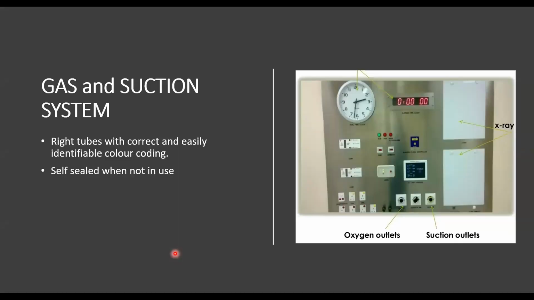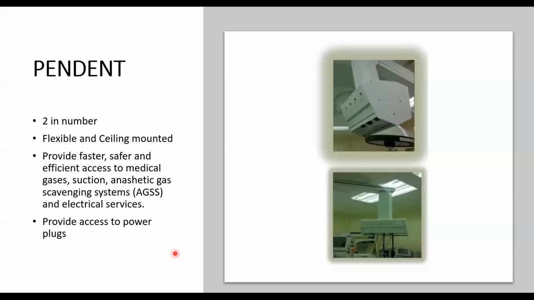Okay, the gas and suction system must be placed in the correct place, and must be easily identified with color coding. And the outlet must be sealed when it's not used. For example, the oxygen outlet in the wall mounted is colored white, so that everybody can identify it easily.